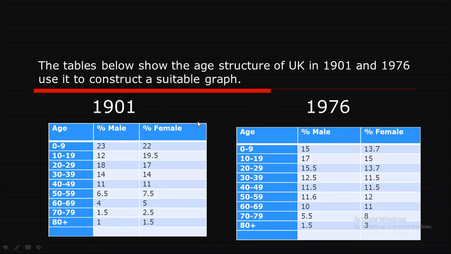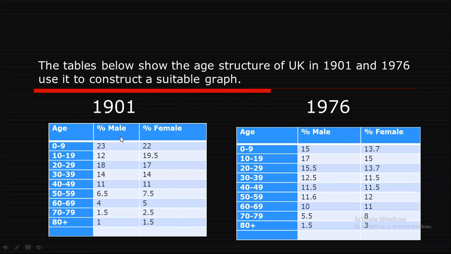Why do they bring this? They may want to know what were the changes. They may want to compare what was the population in 1901 and the population in 1976. Now, there is a course at university called demography, the study of population. We may want to know what is the change of population from this year to year, maybe after 50 years or after 75 years.